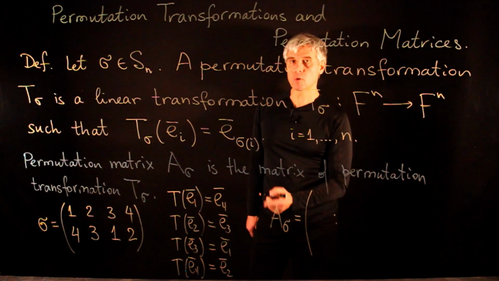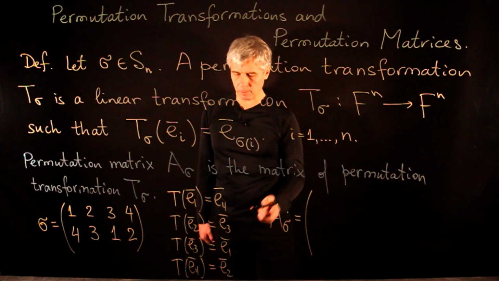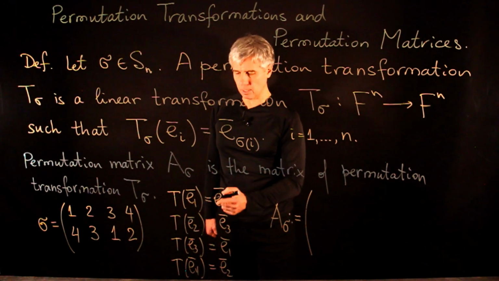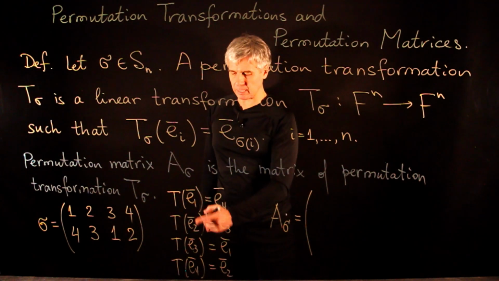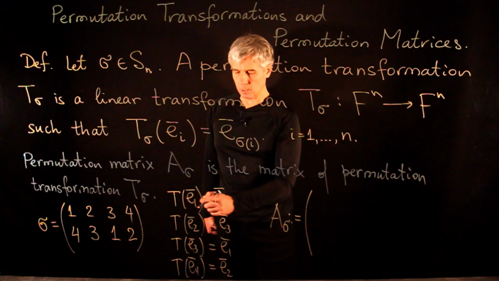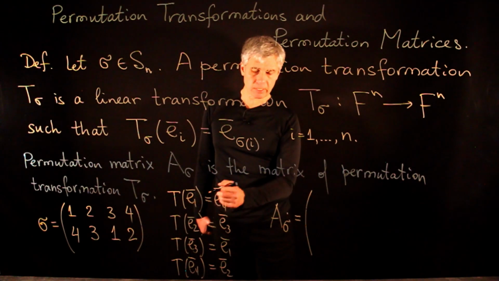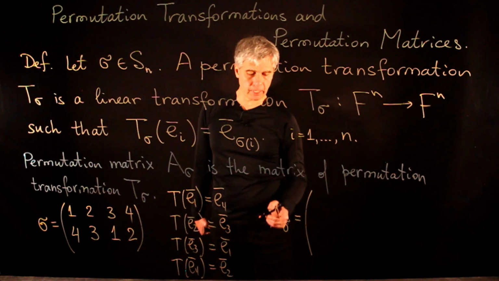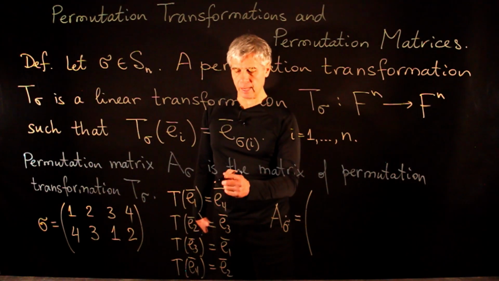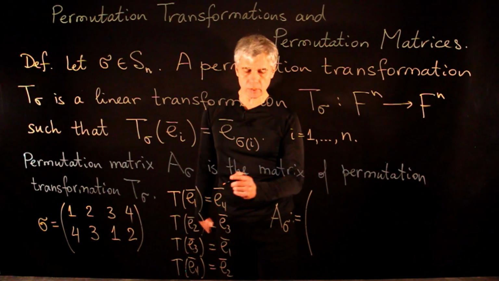Now let us write down the corresponding permutation matrix. The rule is the following. To form the matrix of a linear transformation, we take images of basis vectors and write down their coordinates as columns. E1 goes to E4. This gives us the first column of the matrix A sigma. E4 as a vector is the vector 0, 0, 0, 1.